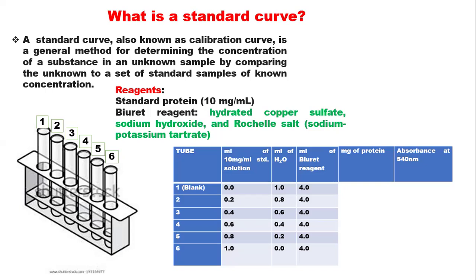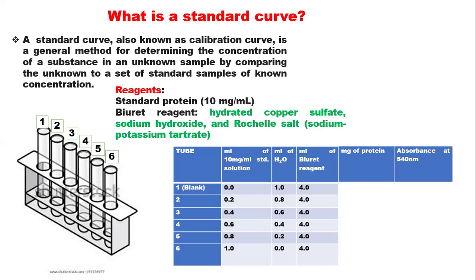In tube 2, you will add 0.2 ml of your standard protein, 0.8 ml of water, and 4 ml of biuret reagent. In tube 3, you will add 0.4 ml of your standard protein, 0.6 ml of water, and 4 ml of biuret reagent.